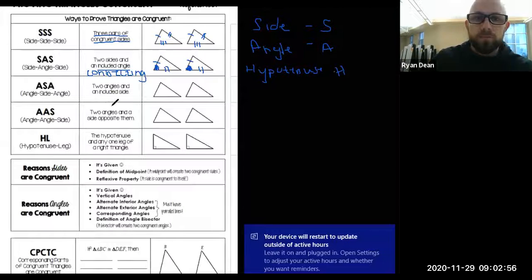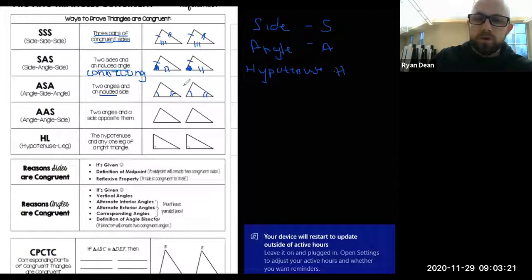Angle side angle is similar to side angle side, except this time you have 2 angles and the connecting piece is the side. So we'll say that we have these 2 angles that are congruent, and the other 2 angles are going to be here. You can choose.